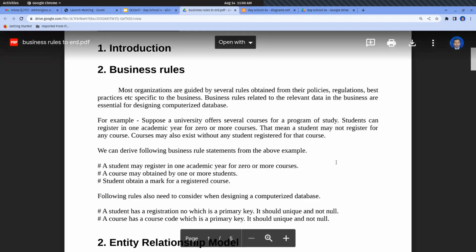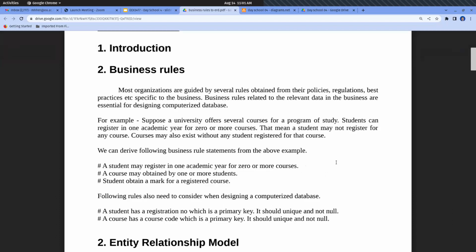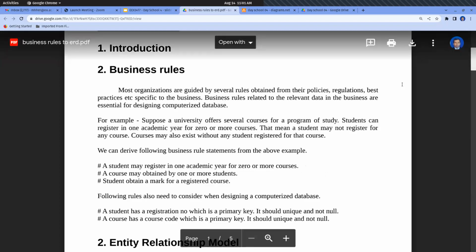Here, 0 or more courses means a student may register only for studentship, and also the student can get some courses.